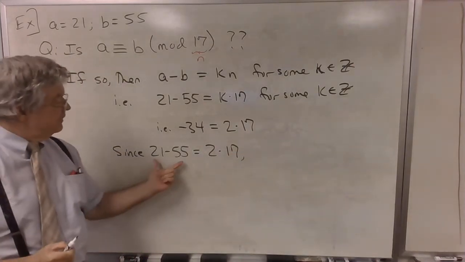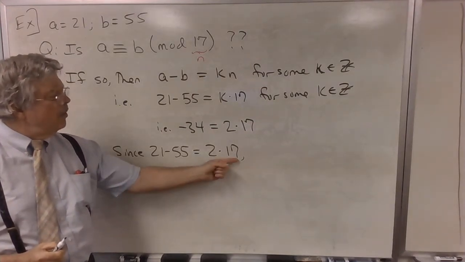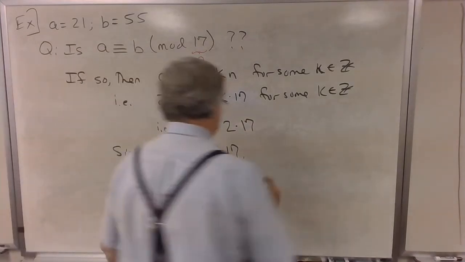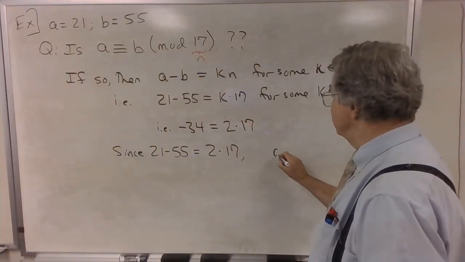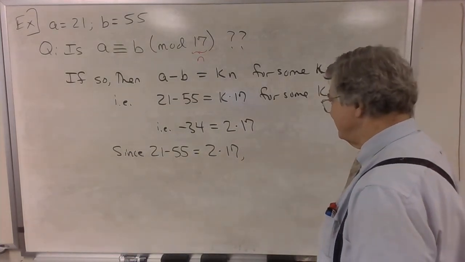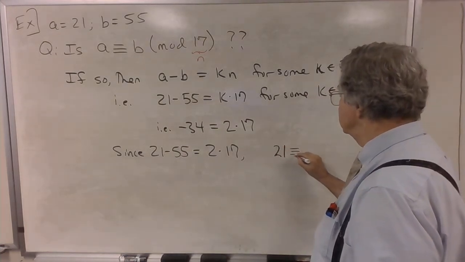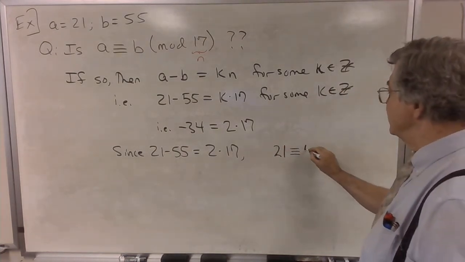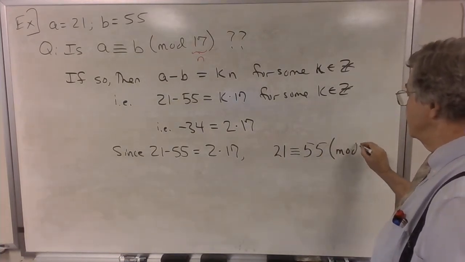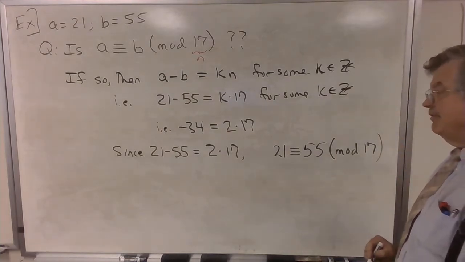So in other words, the difference of 21 and 55 is a whole number multiple of 17. And so we write 21 is congruent to 55 modulo 17. That's the way we write it.